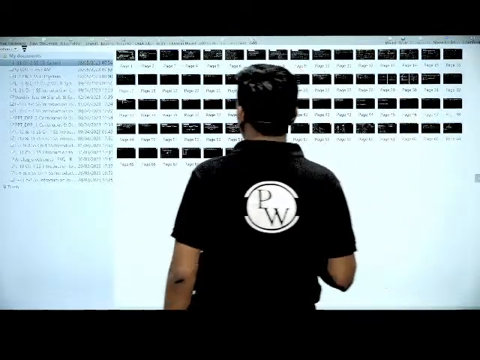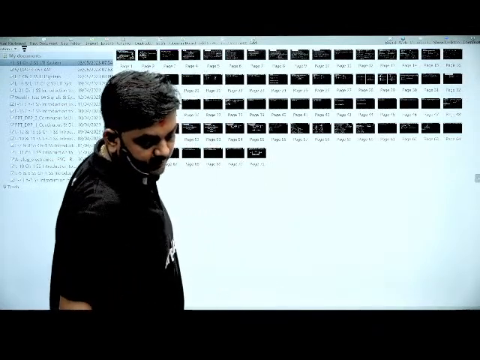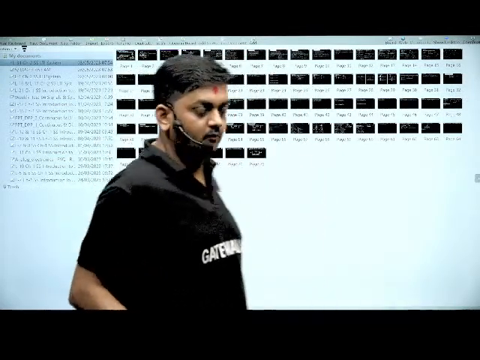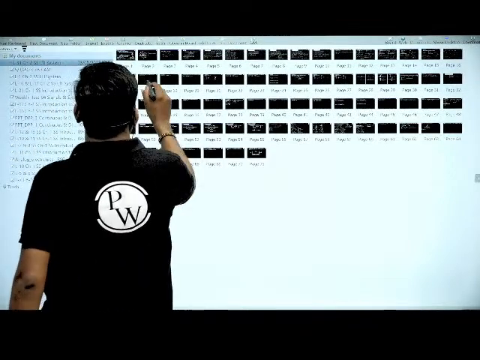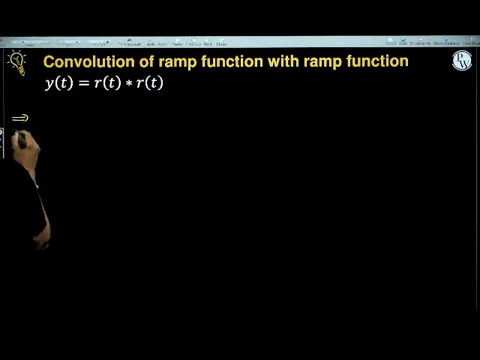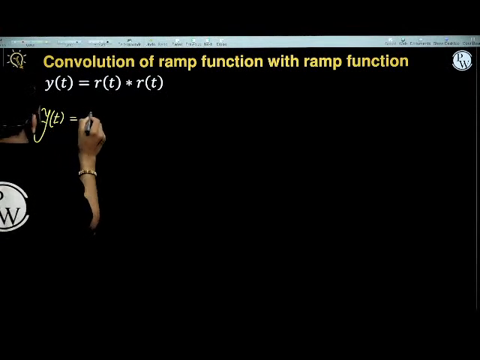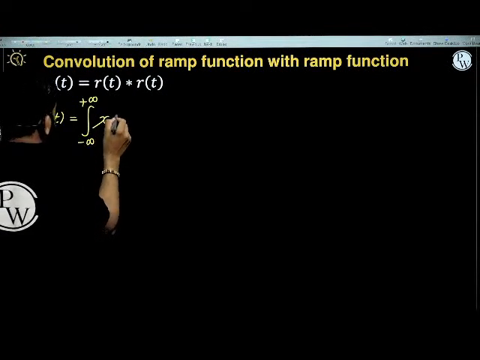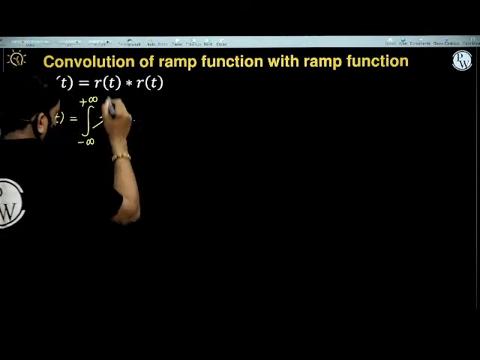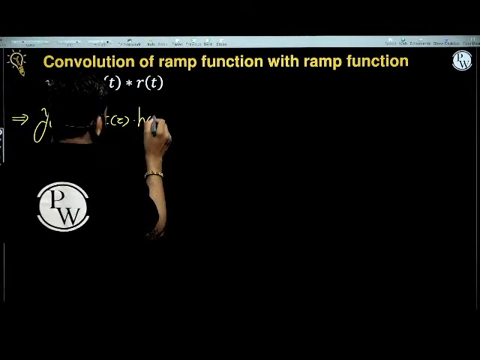Now next is the ramp with ramp function, guys. Convolution of ramp with ramp function. So again y of t is the integration from minus infinite to plus infinite, one signal you can take as x of tau, and the other signal you can take as h of t minus tau.